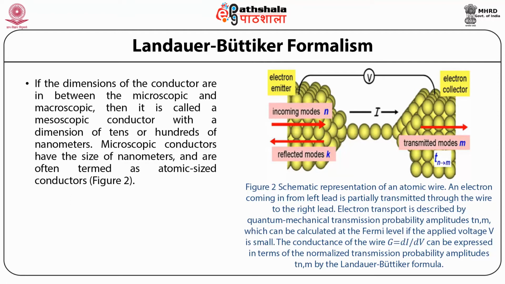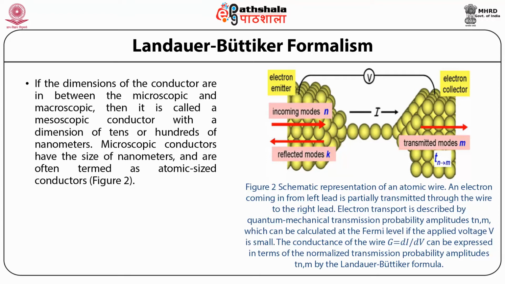If the dimensions of a given conductor are in between the microscopic and macroscopic, it is termed as a mesoscopic conductor with a dimension of few nanometers. Microscopic conductors are of nanometer size and are often termed as atomic sized conductors as shown in this figure.